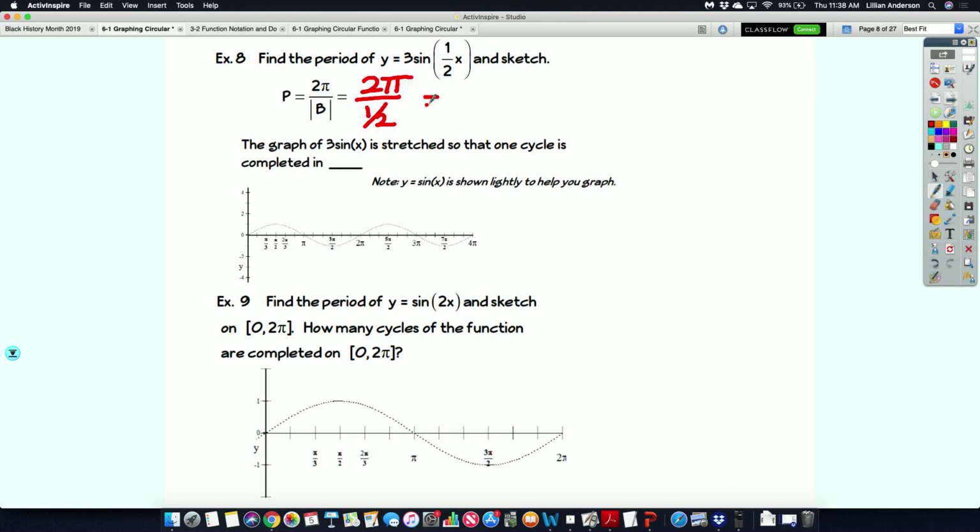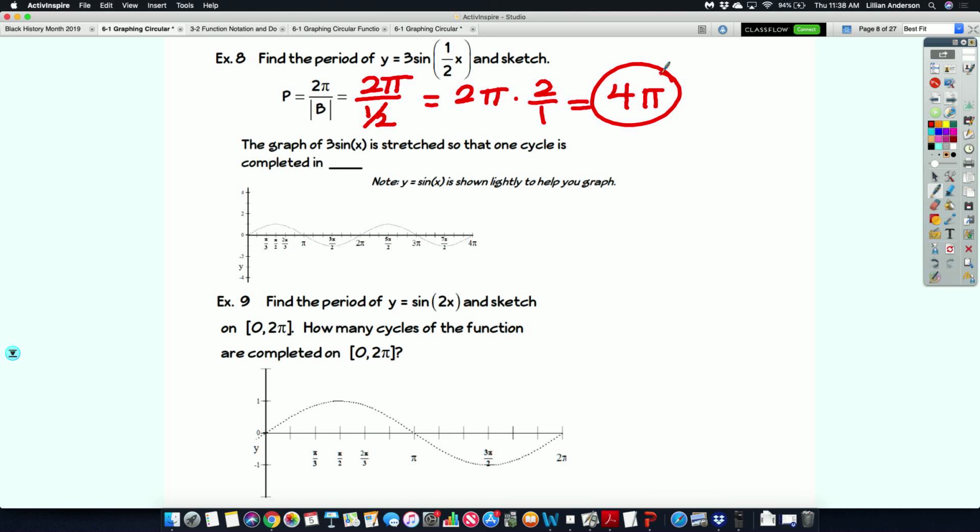Keep change flip. That's 2 pi times 2 over 1. So my period is 4 pi. That 4 pi basically tells you that that graph is going to complete one full cycle between 0 and 4 pi. It's going to be 4 pi radians, which means this graph has been stretched horizontally by a factor of 2.